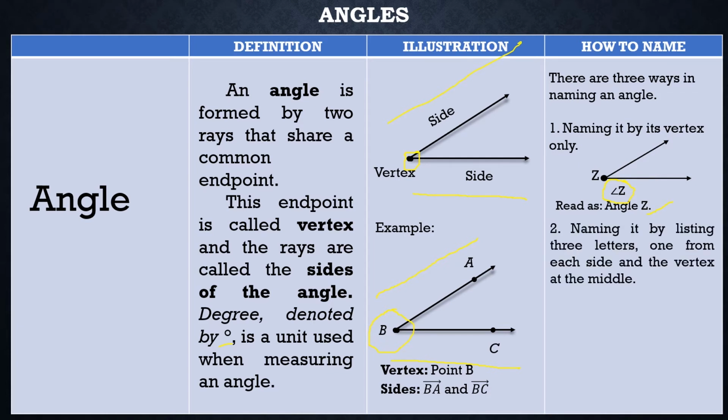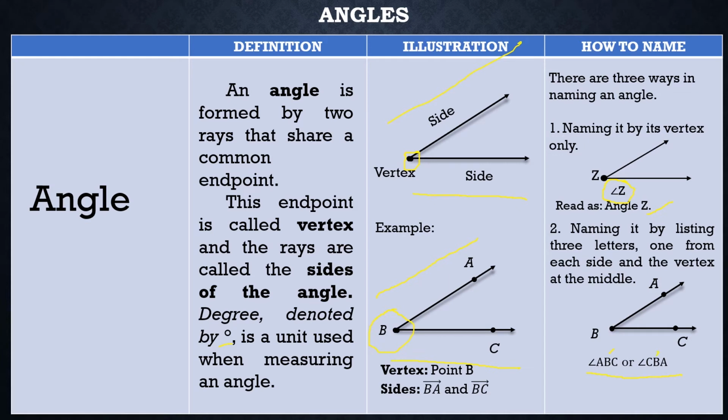We can also name the angle by listing 3 letters, one from each side and the vertex at the middle. So halimbawa, ito yung angle natin. So ito na yung pagkakasulat ng name ng angle. Now make sure na yung vertex ay nasa gitna palagi.